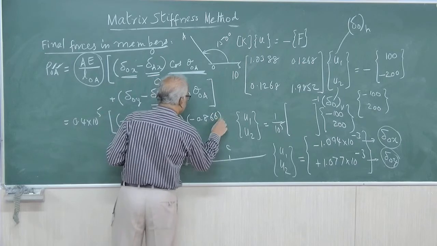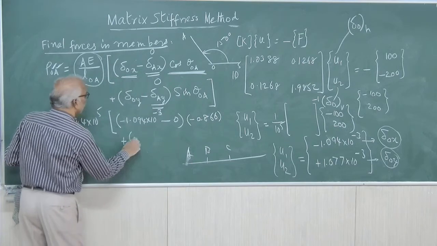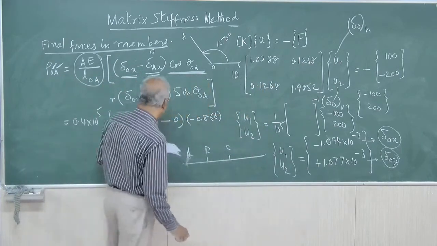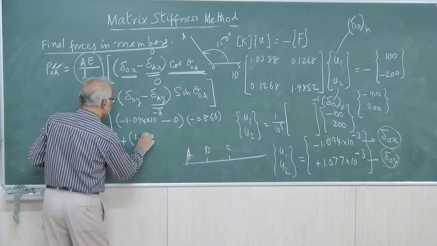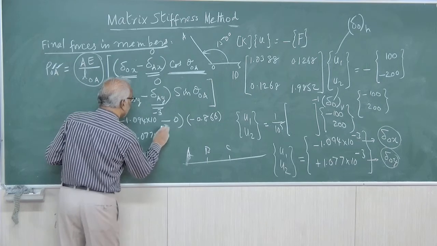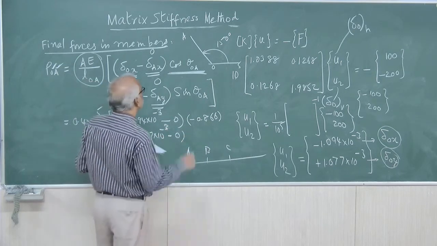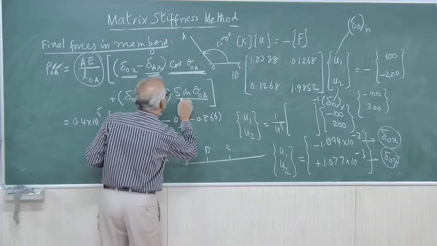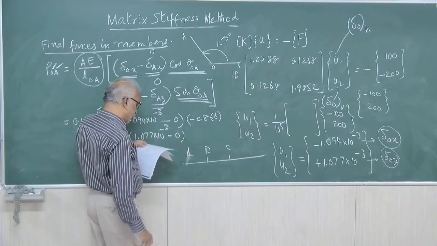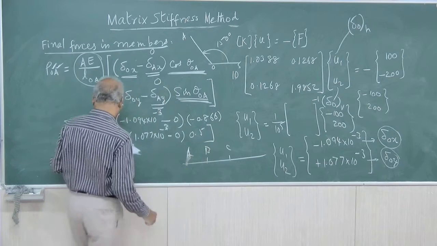For all the members, we have these values in the table, plus delta O in the y direction is 1.077 into 10 power minus 3, and the second value in this particular problem is also 0, and sin theta OA is readily available in the table, that value equals 0.5.